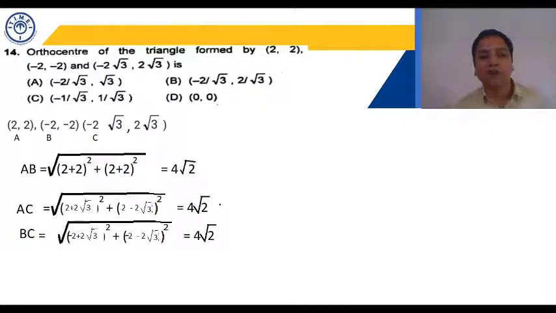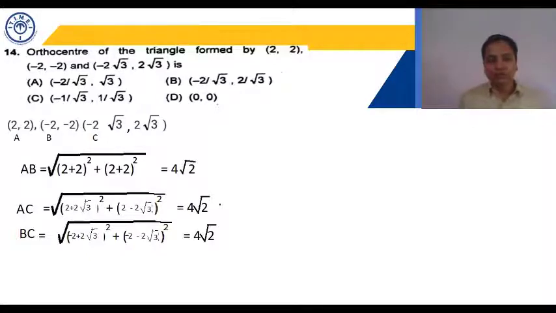Now the lead which we got is that the triangle formed by these vertices is an equilateral triangle. And in an equilateral triangle, orthocenter, circumcenter, incenter, centroid coincide. That means they are at the same point. So if you want to find the orthocenter, let's try to find the centroid. It's easier to find the centroid. You remember the formula?